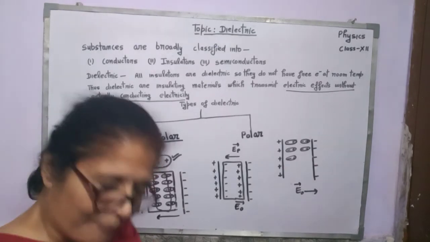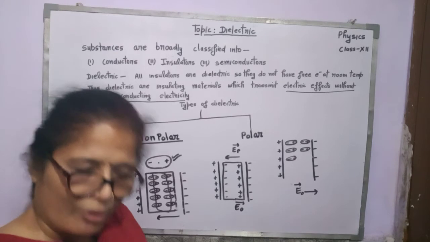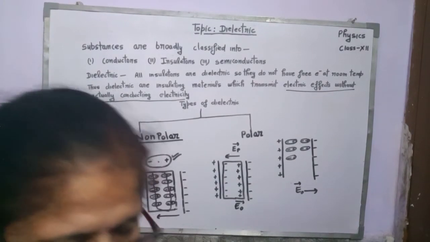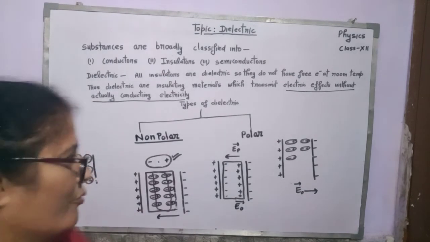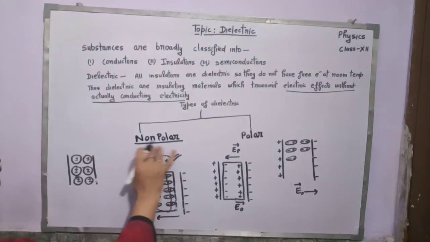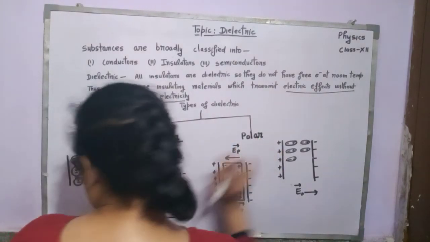They become an electric dipole. This dipole is known as the induced electric dipole and their moment is known as the induced electric dipole moment. Therefore, the importance of non-polar molecules is much more than that of polar molecules.